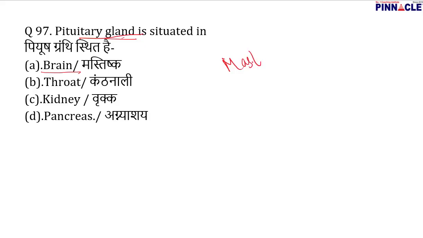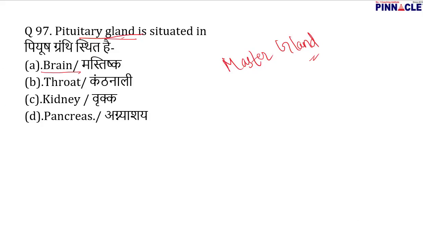Why is it said to be the master gland? Because it controls many other endocrine glands, like the testicles or the ovaries; secretion by them is controlled by the pituitary gland only, and therefore it is regarded as the master gland. So for question number 97, A, that is brain, is the correct option.